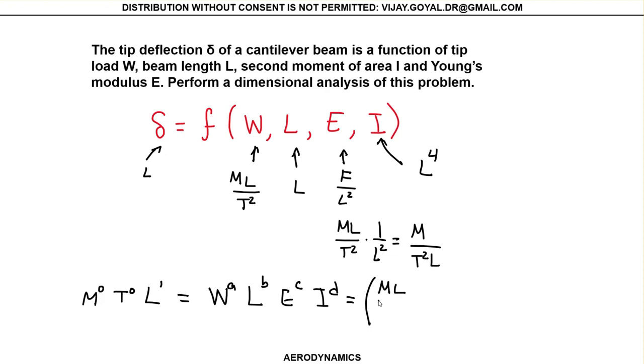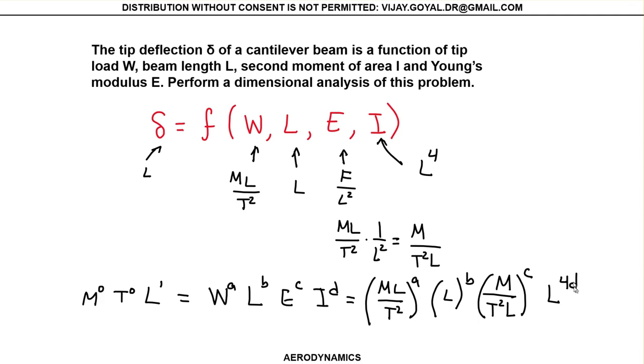Mass, length over time squared, to the A. We know L is L to the B. E is mass over time squared times L to the C, and we know I is L to the 4 times D. Okay, so we know this.